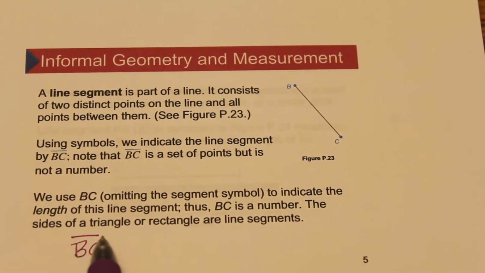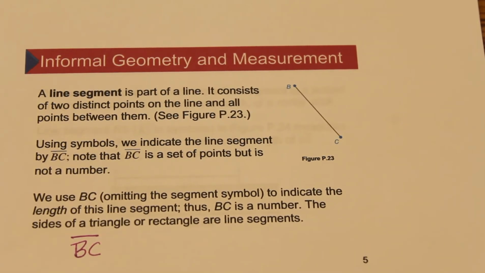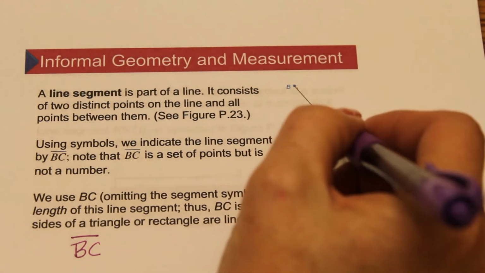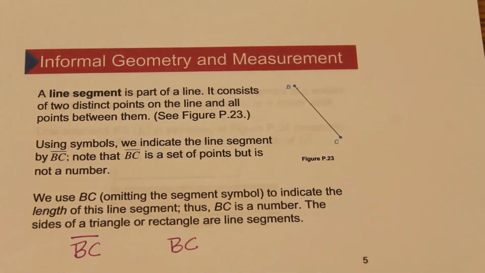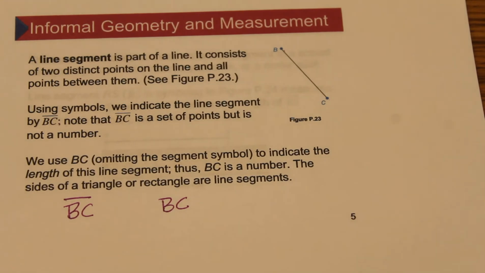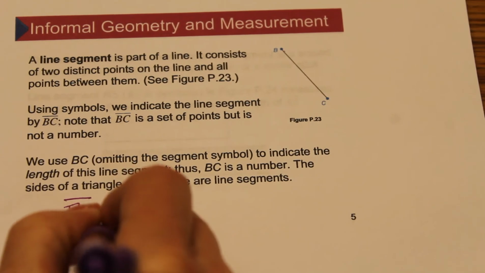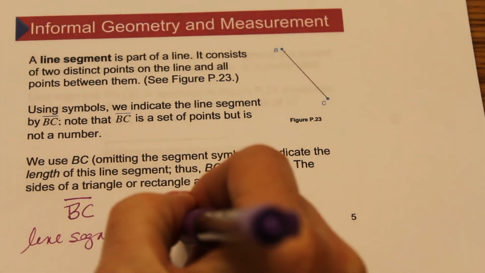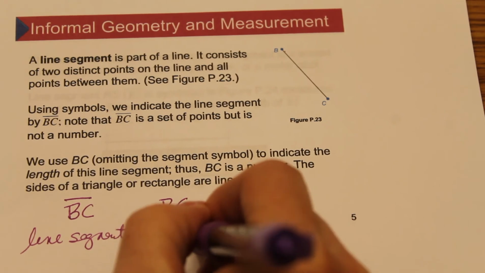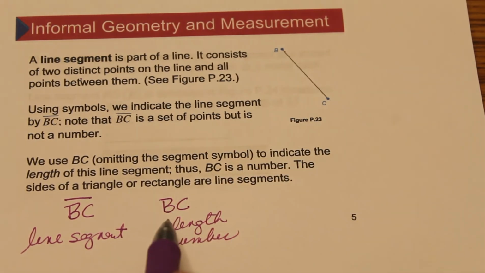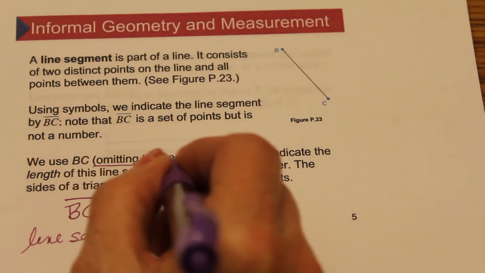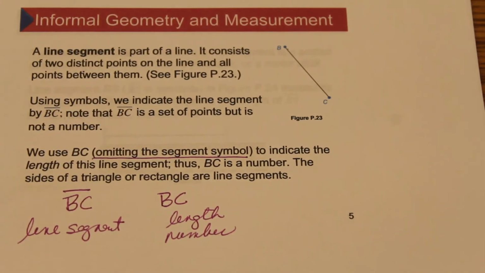It has an endpoint at B and an endpoint at C. Now, when we start measuring lengths, the length of a segment will just be the names of the endpoints. This is a length, which means it's a number, which means we can multiply by 2, we can divide by 2. So when you omit the segment symbol above, that means it's the length of a segment.